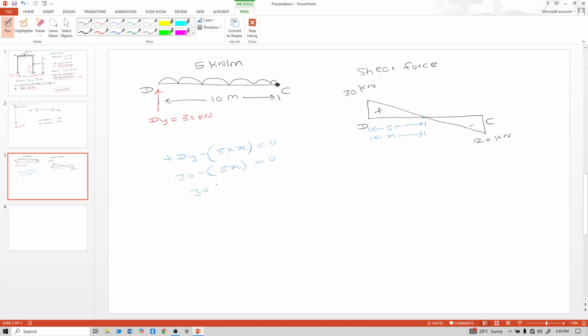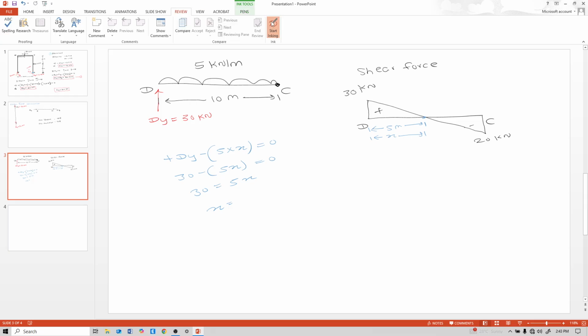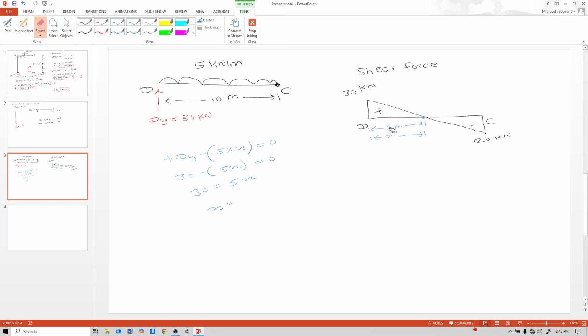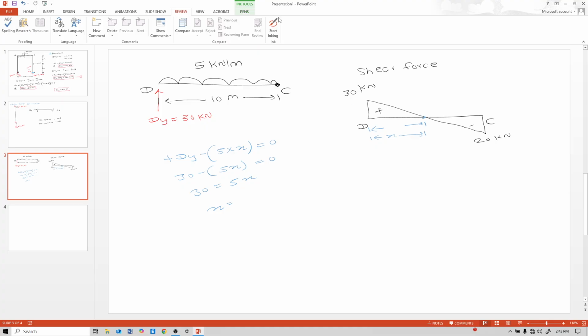So 30 equal to 5x, so x equals 30 divided by 5, so it is 6. So correct it: this is not 5 meter, this is 6 meter.